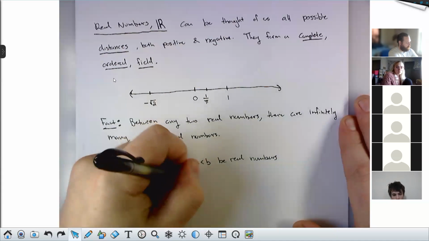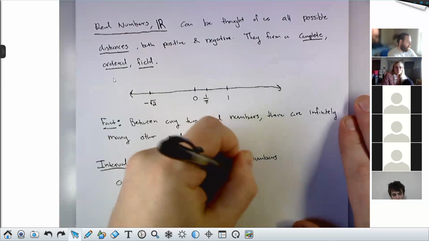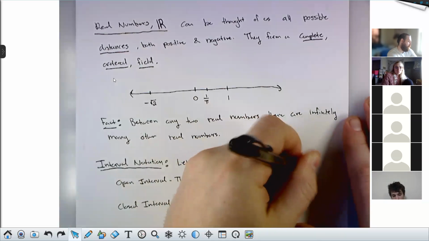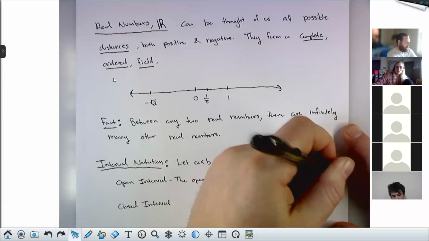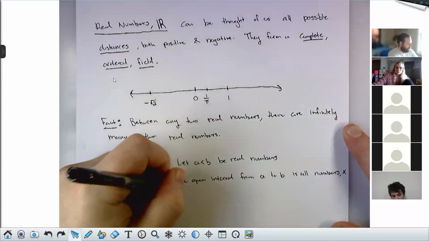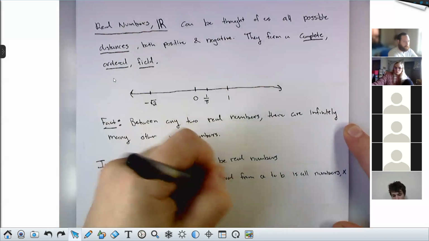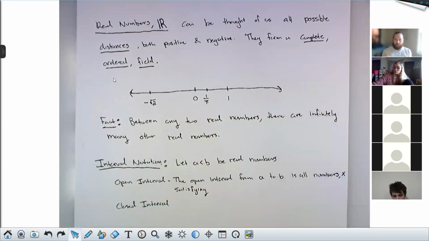Then the open interval from A to B is all numbers X satisfying a certain inequality. So the open interval from A to B is all the real numbers strictly between A and B. That is, all the numbers which are strictly bigger than A and strictly smaller than B.